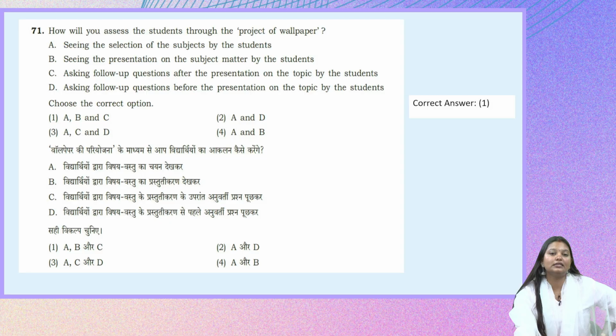The right answer here will be the first option, A, B and C. This will be followed when it comes to assessing through the project of wallpaper, but we cannot ask follow-up questions before the presentation has actually happened. So that is how this is the correct option here. So the correct option here is option 1, that is A, B and C. So this will help us in assessing the project of wallpaper.